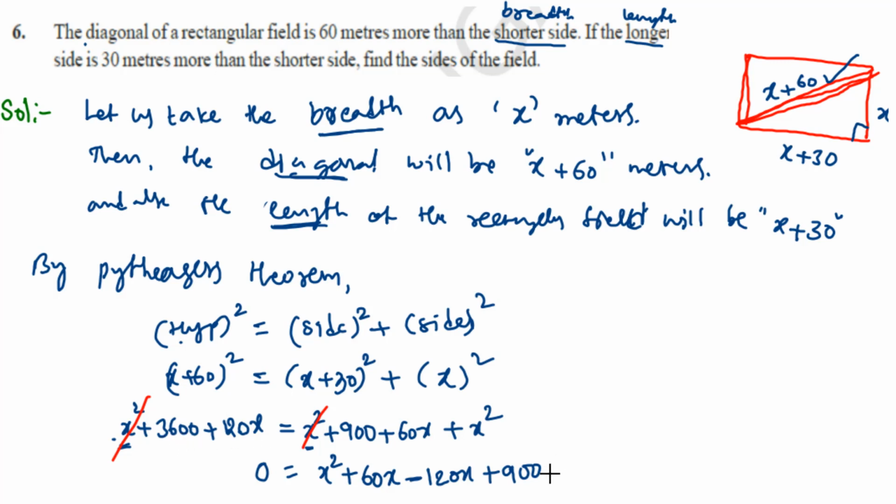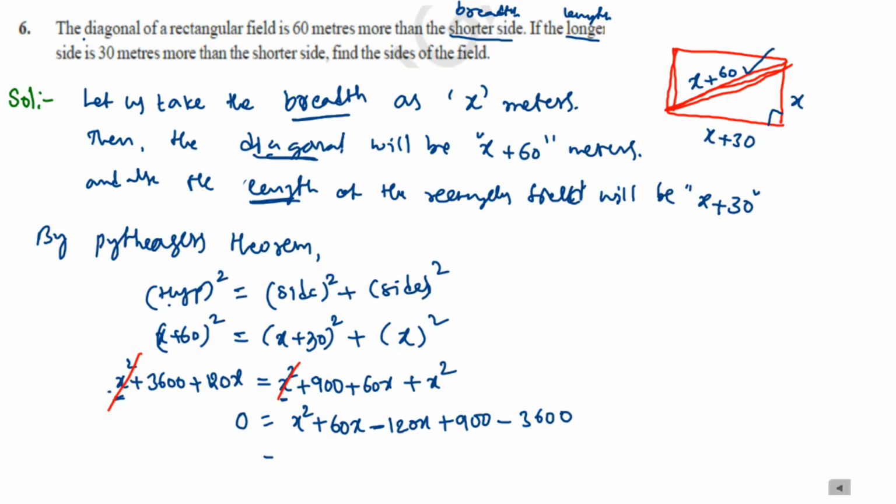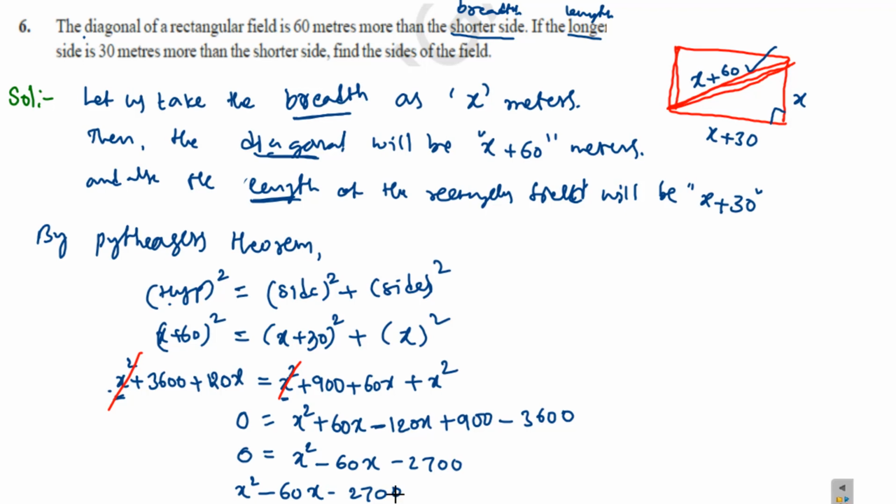By transposing, it will become minus 3600. Now again simplifying this, we get x square plus 60x minus 120x. So we have to subtract these two terms. So by subtracting, we get minus 60x, and by subtracting these two constant terms, we get 900 minus 3600, which is minus 2700, equal to 0. So we can write this equation as x square minus 60x minus 2700 equals 0.